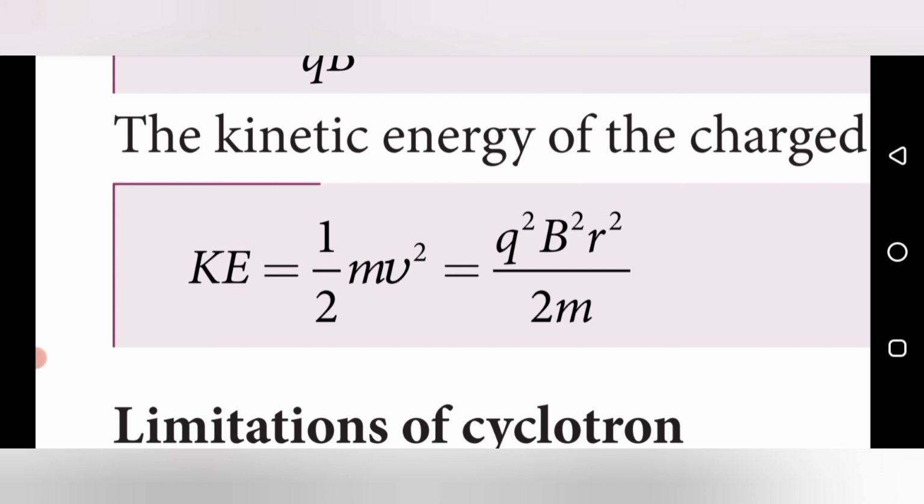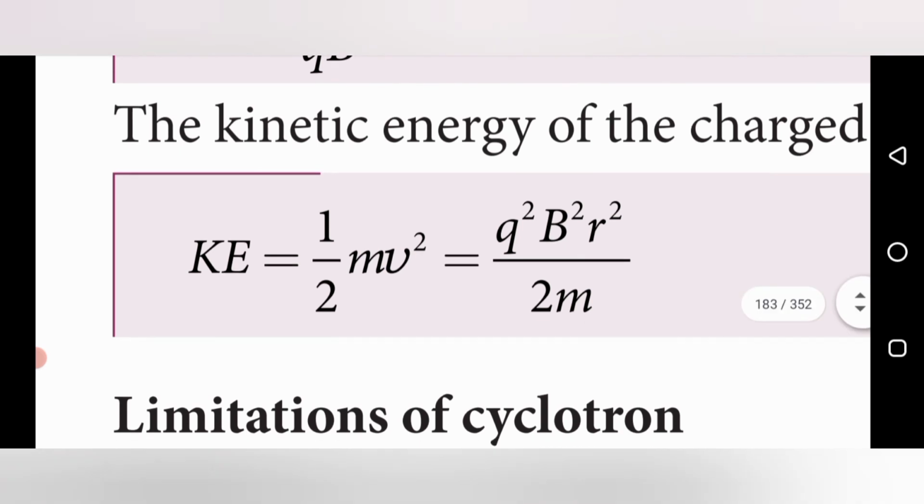What is your first equation? mv² by r is equal to qvB. Here v cancels, then you find the v value and take the square on both sides. Then v² is equal to q²B²r² by m². Substituting into the kinetic energy equation, you get the final equation q²B²r² by 2m.